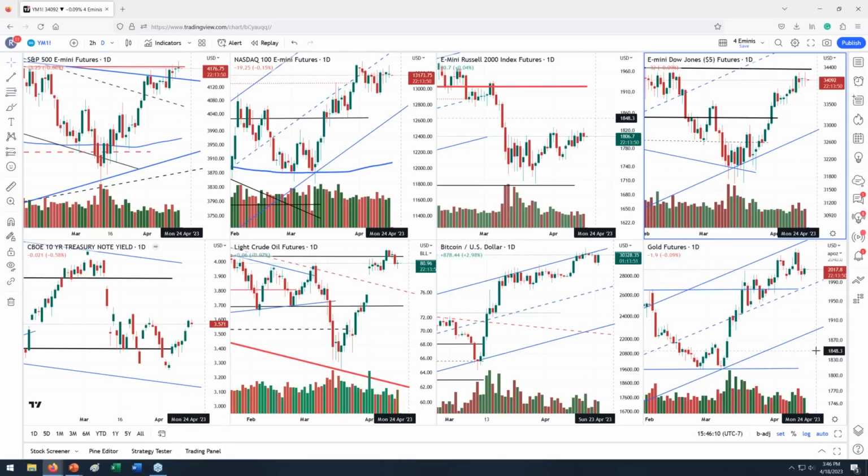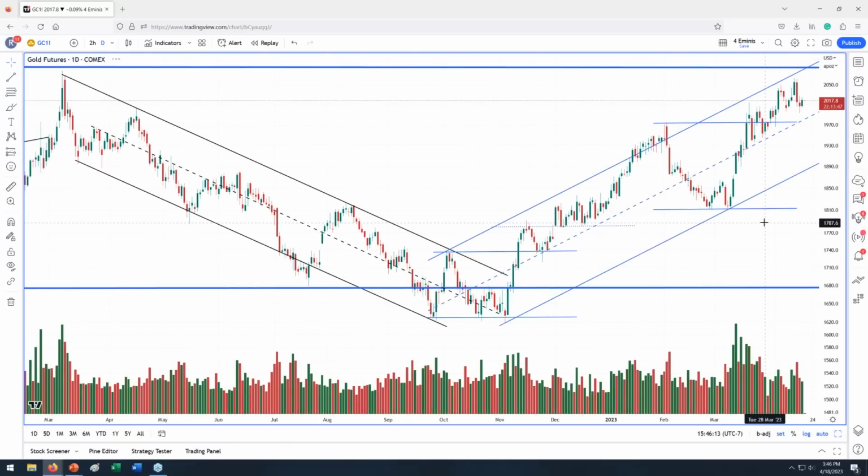Okay, let's go to gold. And our analysis of gold has been extremely good. We changed our downtrending definition to an uptrend on this particular bar. This was an analog bar to the bars that were showing the takeoff and the demand presence.